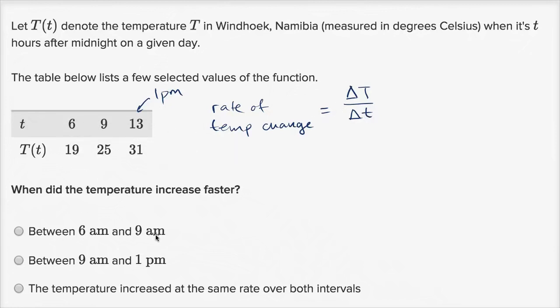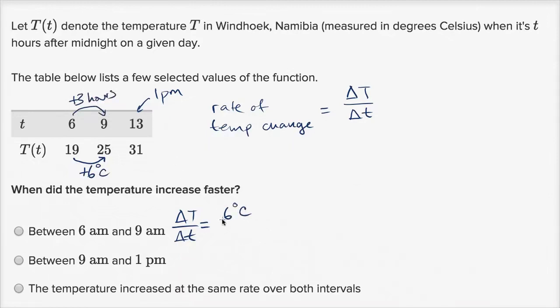So between 6 a.m. and 9 a.m., change in temperature over change in time. So what was our change in temperature? Our temperature went up by 6 degrees Celsius. And what is our change in time? Our time went up by 3 hours, plus 3 hours.